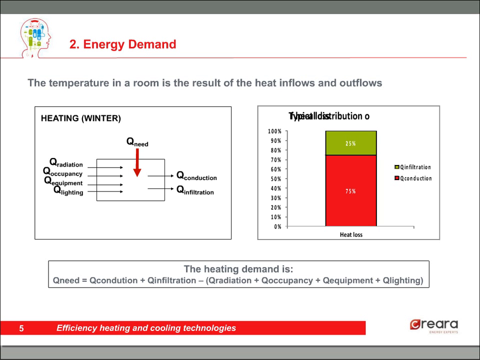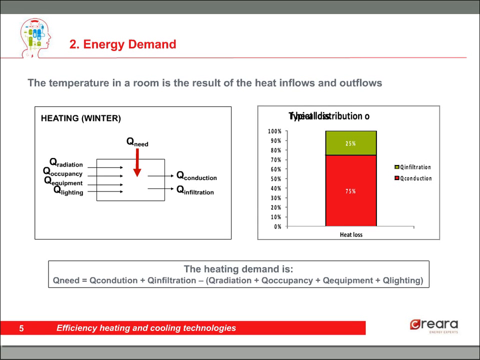Let's say the boiler has an energy performance of 90%. So your energy demand is going to be, as I said, 100 kilowatt-hour per square meter, but your energy consumption is going to be 110. Okay, so as you can see, there is a difference. It is not the same talking about energy demand and energy consumption anymore.